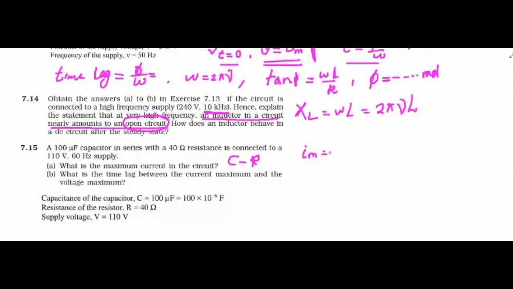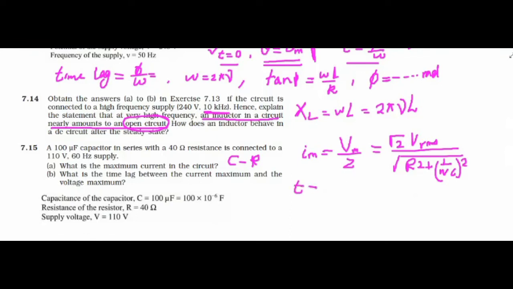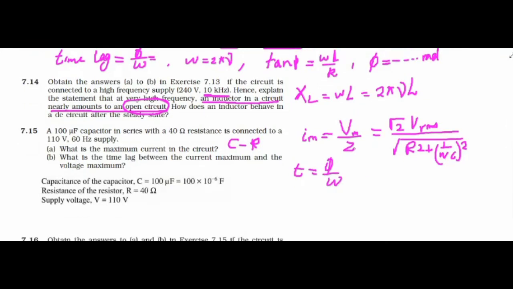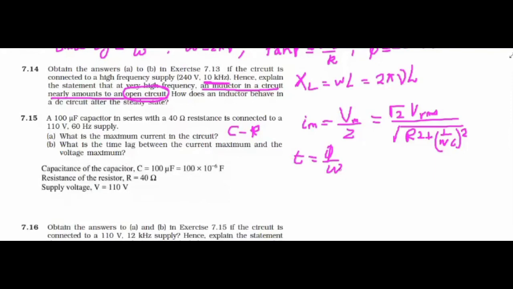Im is equal to Vm divided by Z, which is equal to root 2 Vrms divided by under root R square plus (1 by omega C) the whole square. Then time lag you can calculate: t is equal to phi by omega. Find the value of phi and omega, and you will get the value of time lag also.